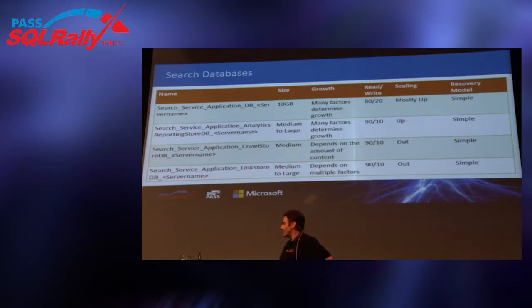The crawl store, it is where the results for the crawl are stored. And each time you have a crawl that reaches 10 million items, you should add a new crawl database. The link store database grows approximately with 1 gigabyte per million documents.